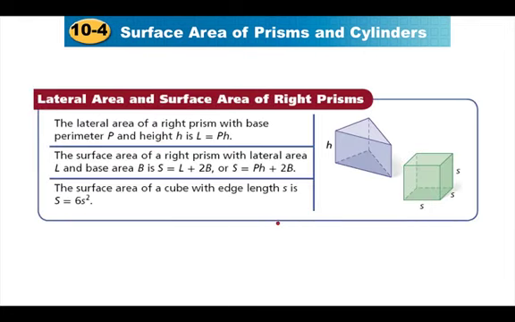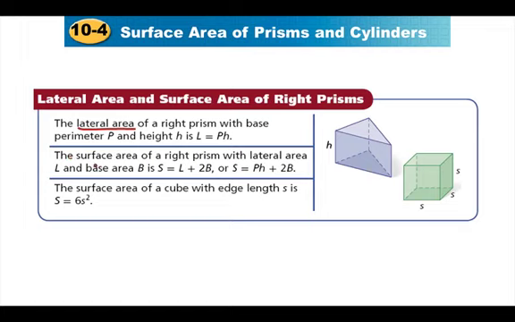This is a formula. It says lateral area and surface area of right prisms. Follow along. The lateral area of a right prism with base perimeter P and height h is L equals P times h. So the lateral area of this shape, which is basically going around these lateral faces, is the perimeter times the height. That's just the lateral area.